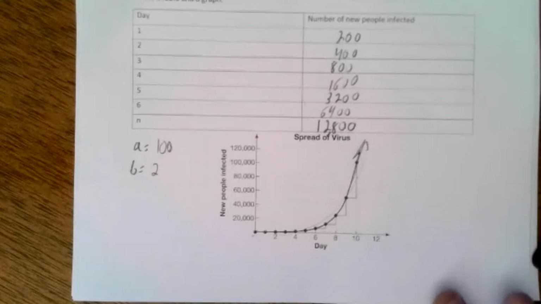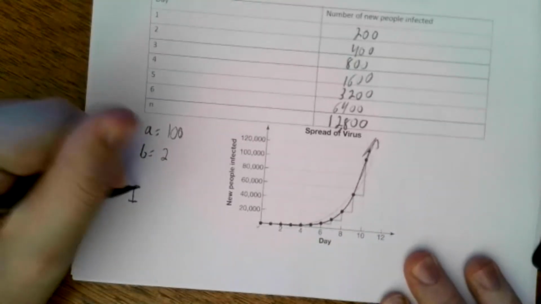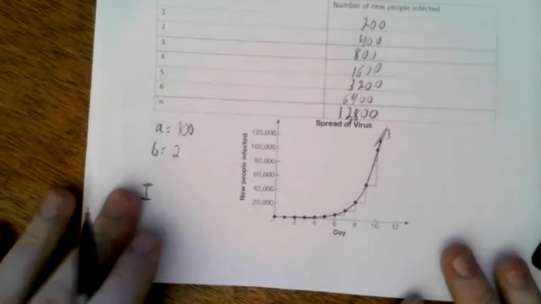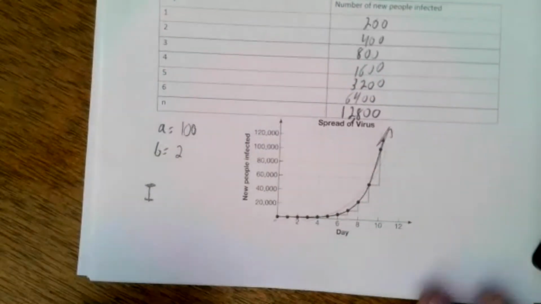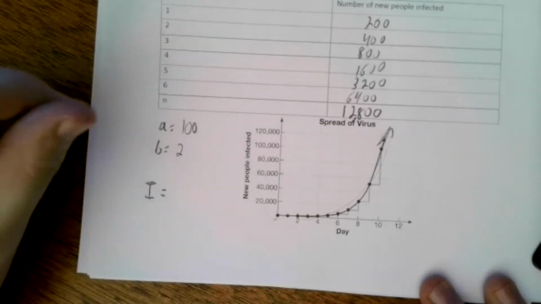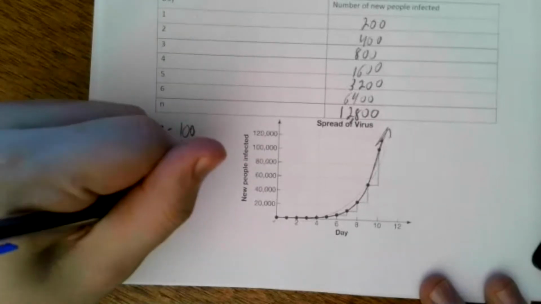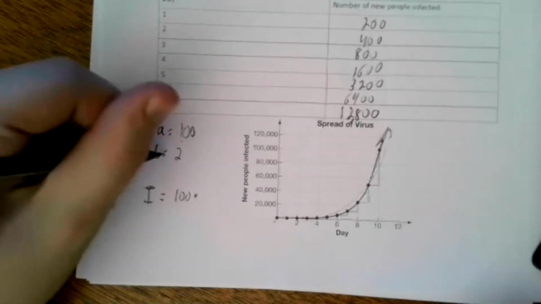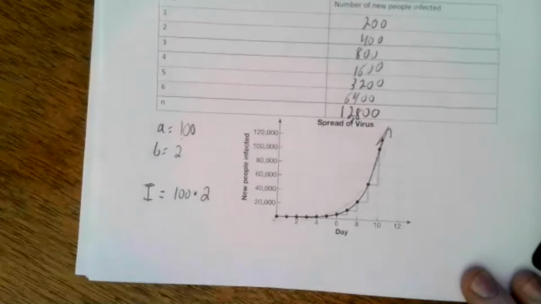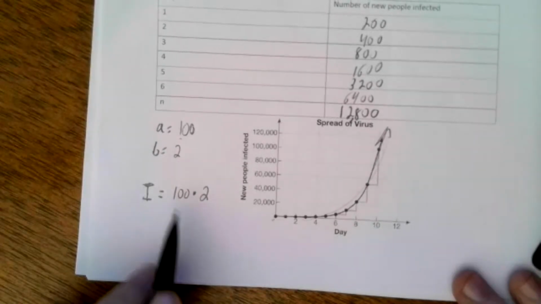So I can say I, the amount of new people infected. I'm just going to choose I, but it doesn't really matter what you choose. So I is just the number of new people that were infected. That's equal to 100, which is our starting term, multiplied by 2, right? Because we're multiplying by our change 2, raised to the d.